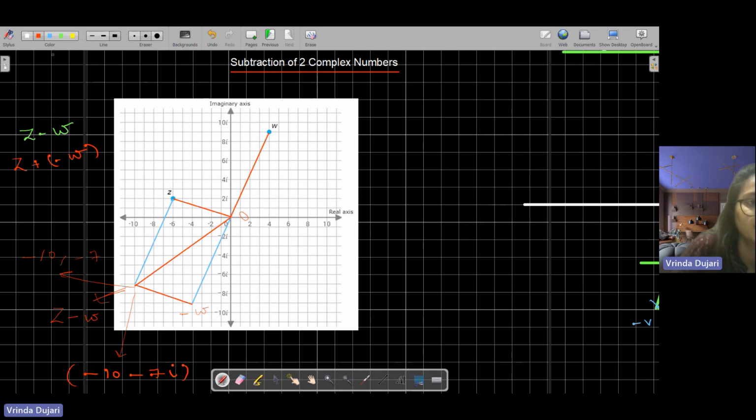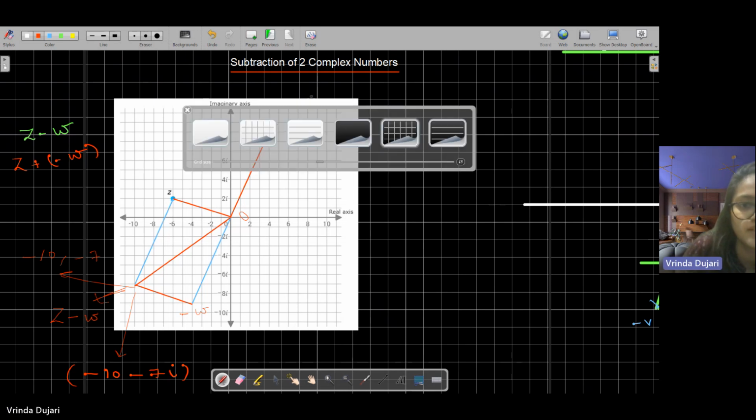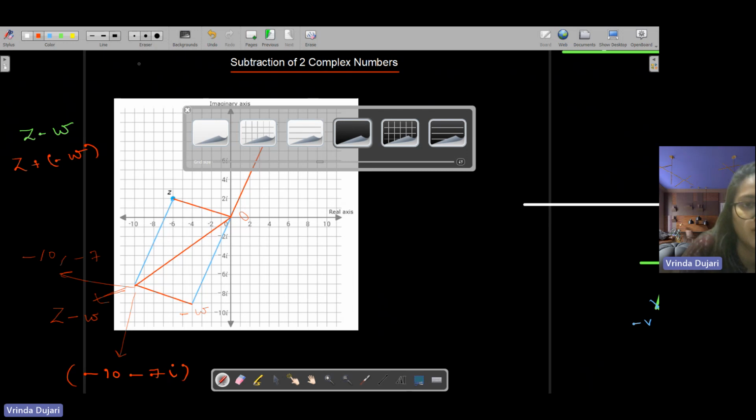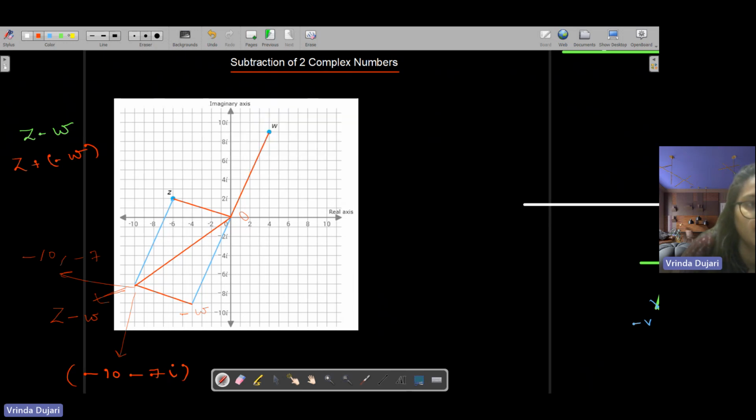So let's just verify this now. Let's come back to the basic background. Okay, let's verify our answer. So complex number Z, what is the value of Z? This was negative 6 plus 2i, and our W was 4 plus 9i, right?